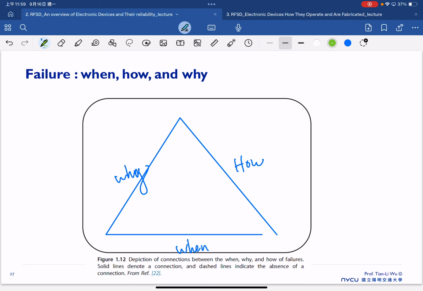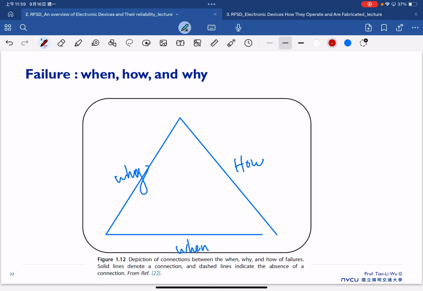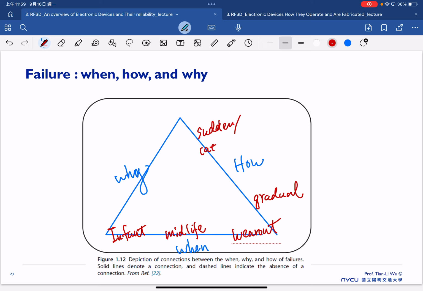So for the when, for sure, we have the three phases that were already discussed. It can happen in the infant phase, or the middle life, or in the end in the wear-out region. And when we talk about how, we have to identify whether the failures come from, for example, gradual degradation or sudden degradation, or even catastrophic degradation.